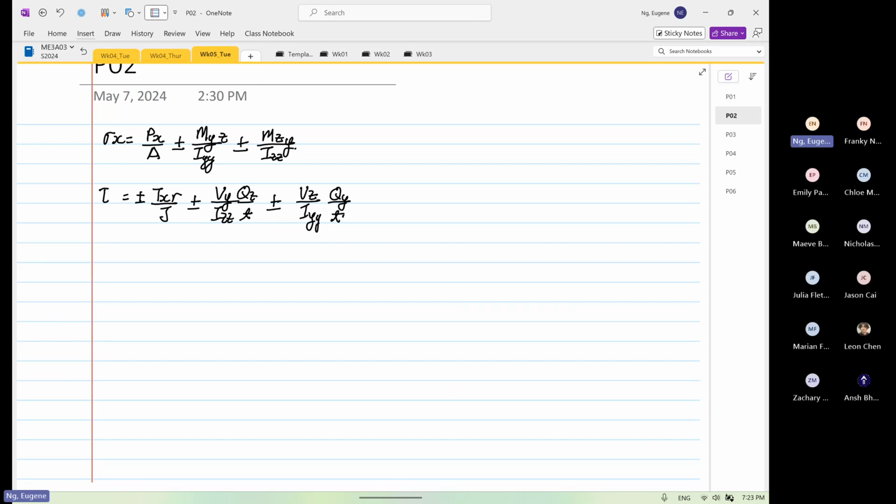So once you combine all of them, now we have our transformation. So if this is our X, and for example, this is our Y, then we are able to determine our element, what our normal stresses are, and what our shear stresses are.